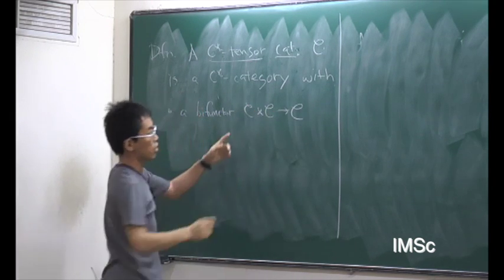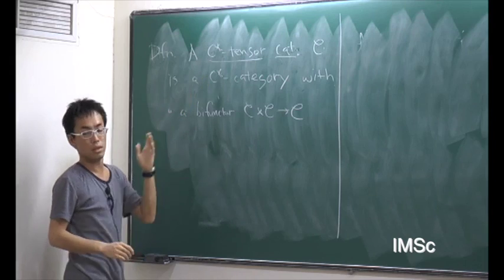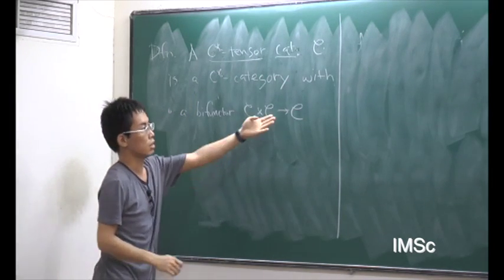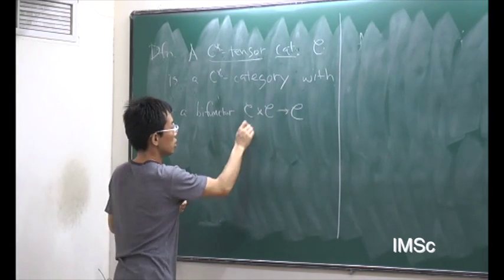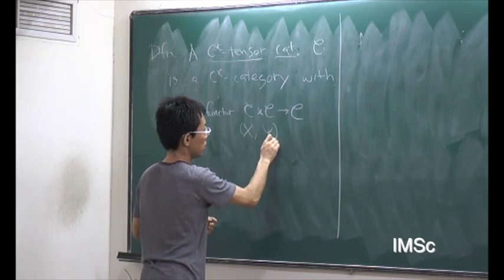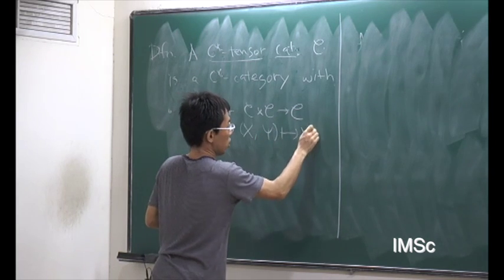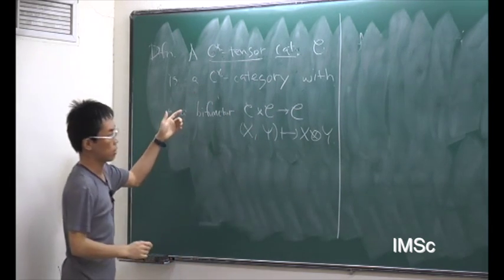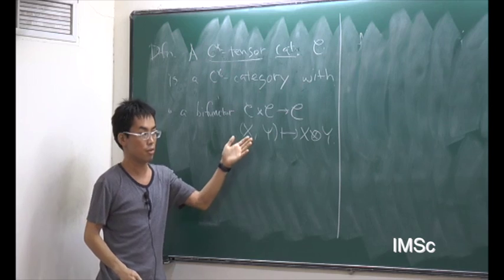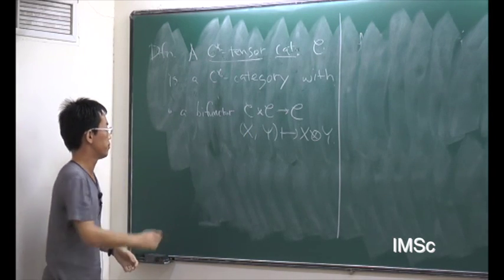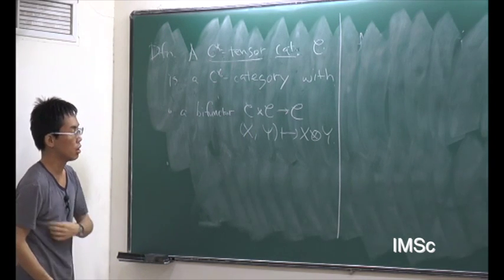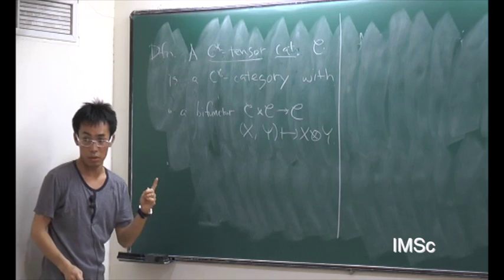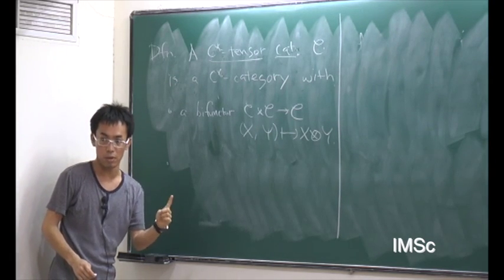So the two things come from this category, and then you take the tensor product, and you are again in the same category. So I write it like this. And then bifunctor means this operation is natural both in x and y. And then there should be a tensor unit, a multiplicative unit for this operation.